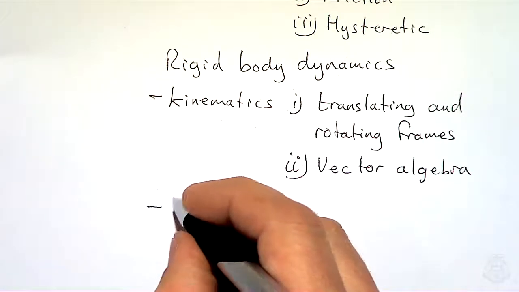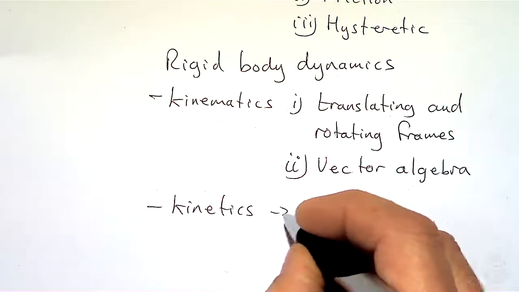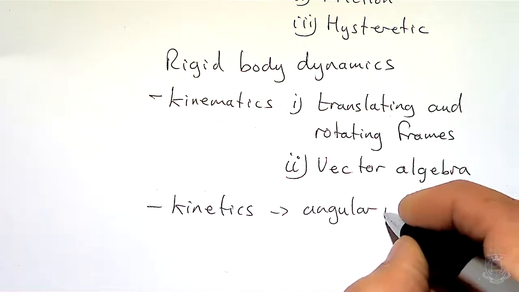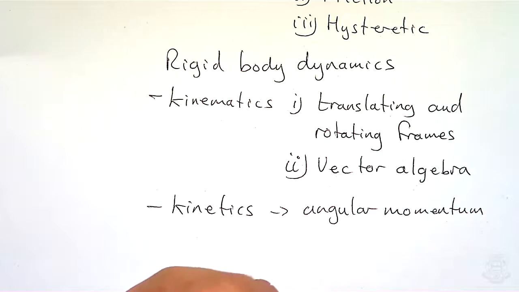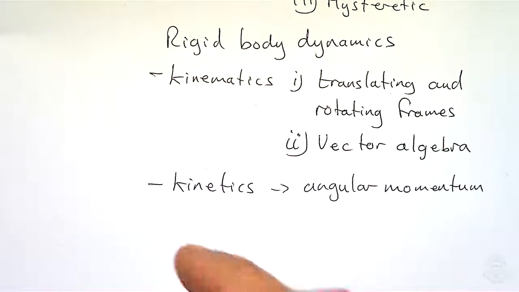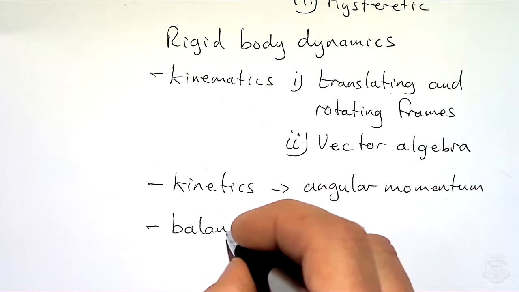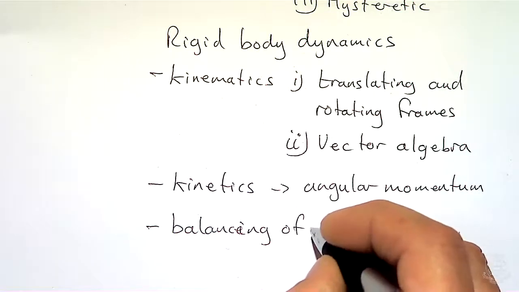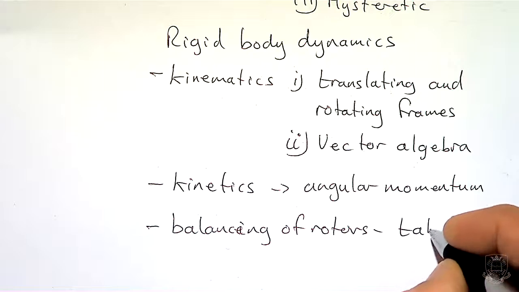We did kinetics, and particularly looked at angular momentum. We did balancing of rotors, and last lecture we talked about the tabular method for doing that.